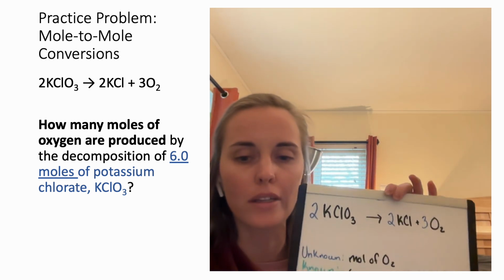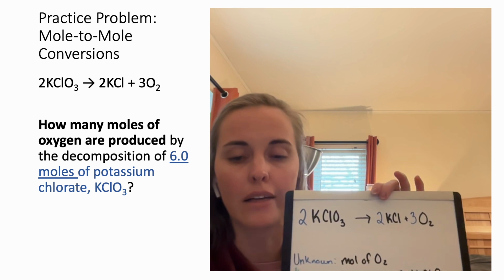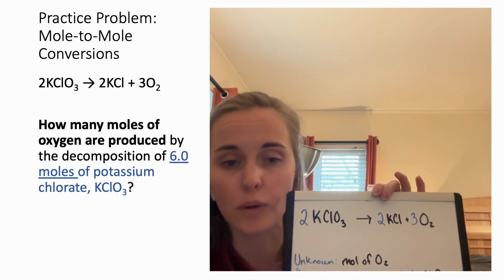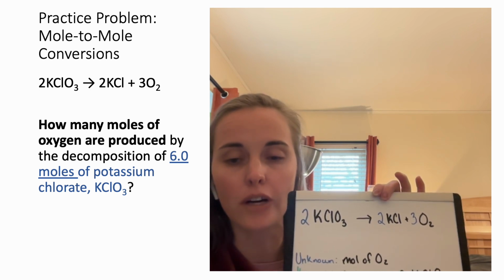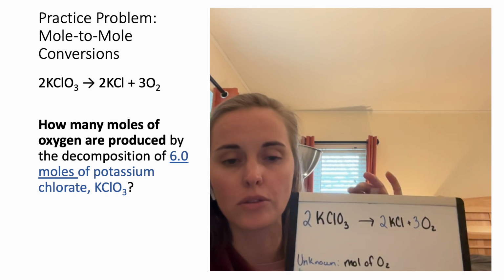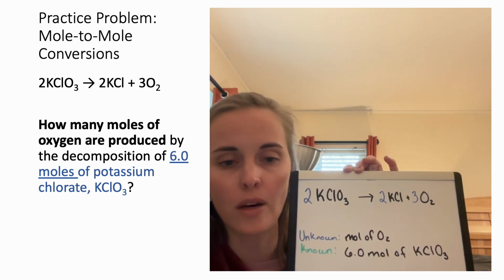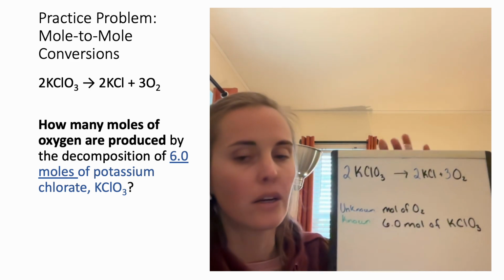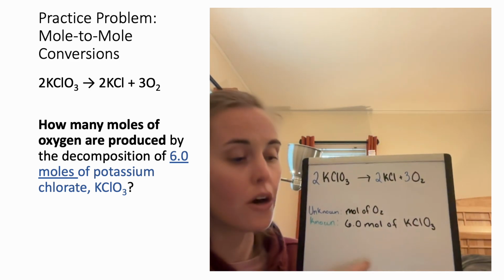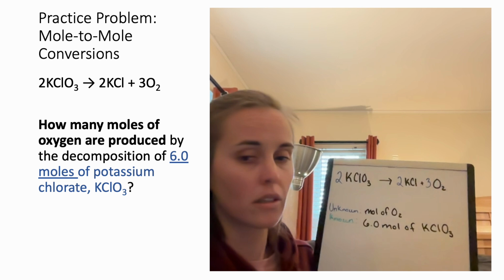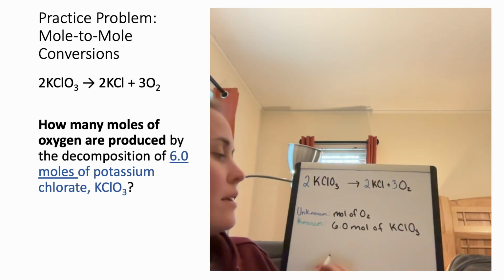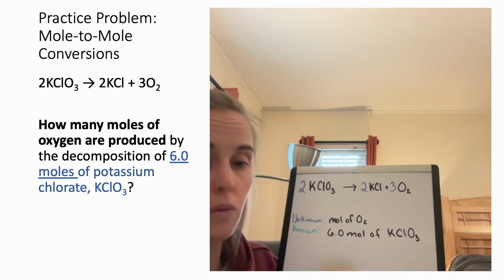So we are going to do our unknown first, and that is our moles of O2. That is what we were trying to figure out. We're trying to figure out how many moles of O2 are produced when we use the known 6 moles of potassium chlorate. Another thing we know, that I didn't write yet because I wanted to do it with you guys, is our mole ratio.